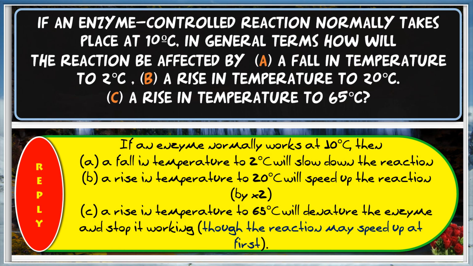And part C, a rise in temperature to 65 degrees Celsius will denature the enzyme and stop it working, though the reaction may speed up at first.